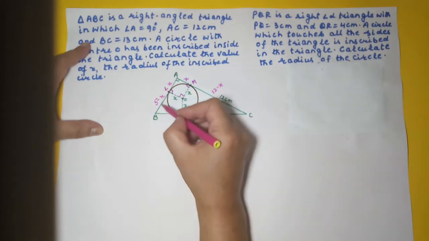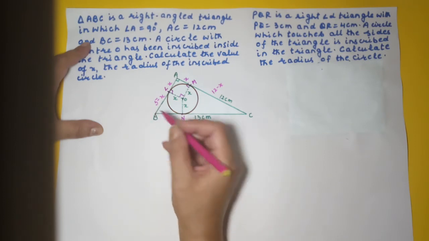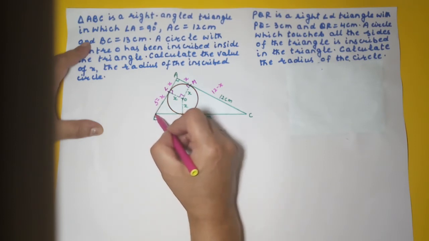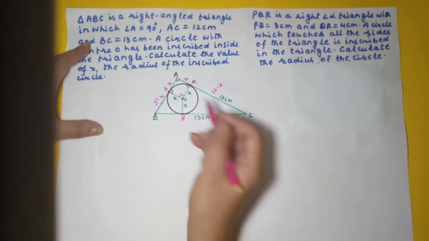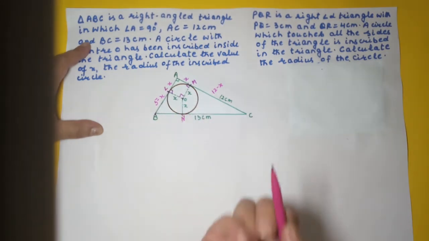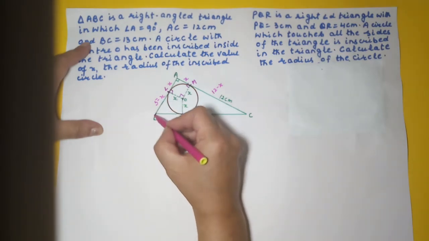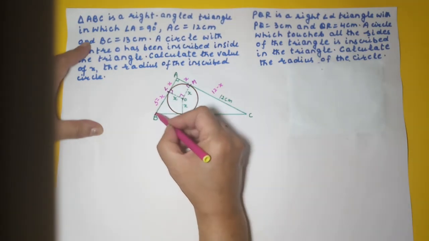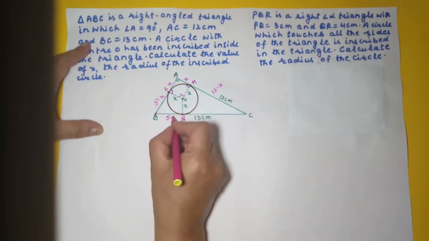So if this is 5 minus x, now look at the point B. B is the external point from where two tangents are drawn to this circle and the points of contacts are L and N. Does that mean BL will be equal to BN? So if BL is 5 minus x, BN will also be 5 minus x.